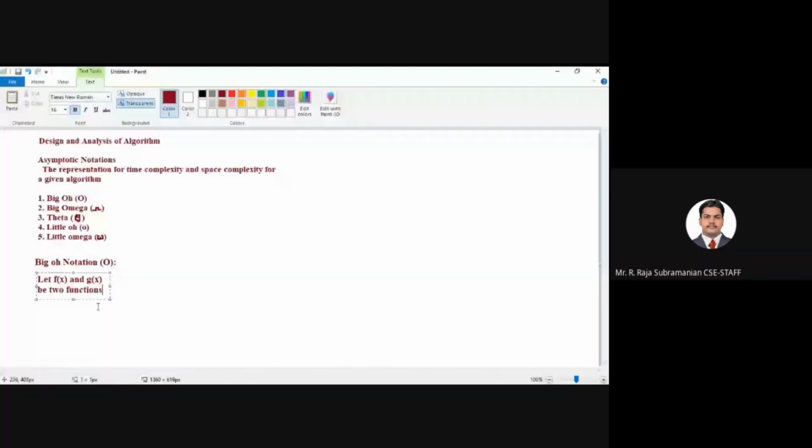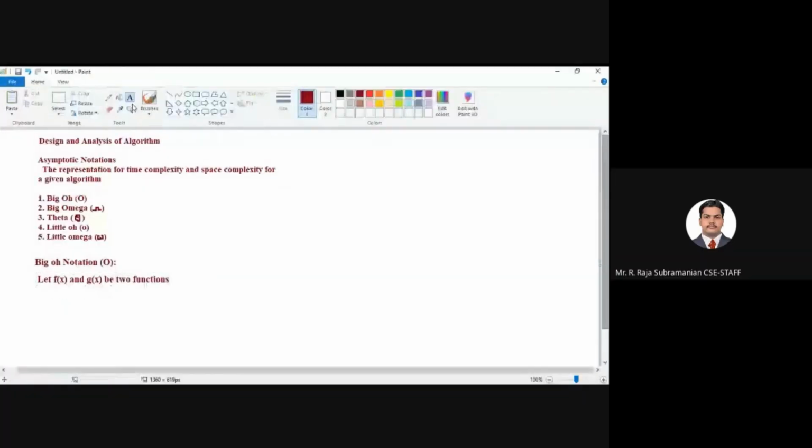Now let me go for a small diagram. I have this f of x and g of x. I can denote the axis as either time or space, and with respect to the inputs, I'm going to draw. So this is actually the input space.